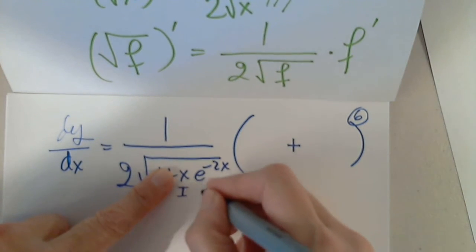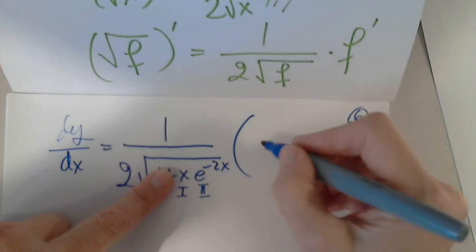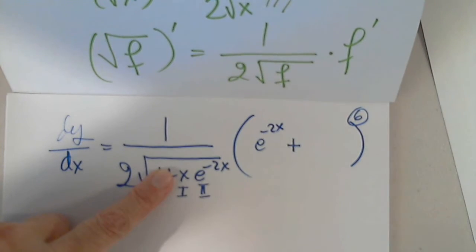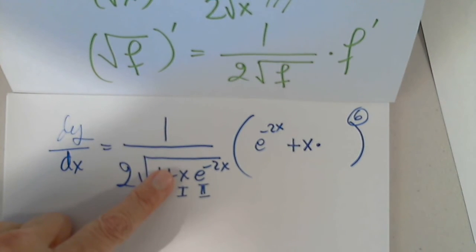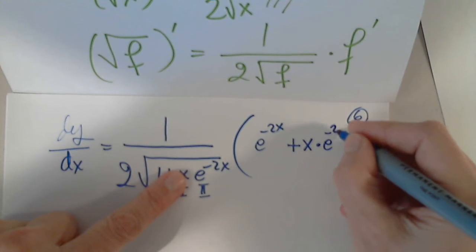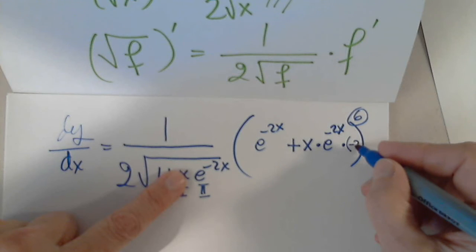So the first function times the second function. The first function prime is 1 times e to negative 2x plus the first function, but multiplied by e to negative 2x, but times the inner function prime in parentheses negative 2.